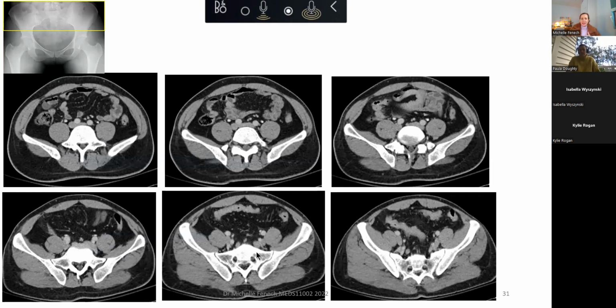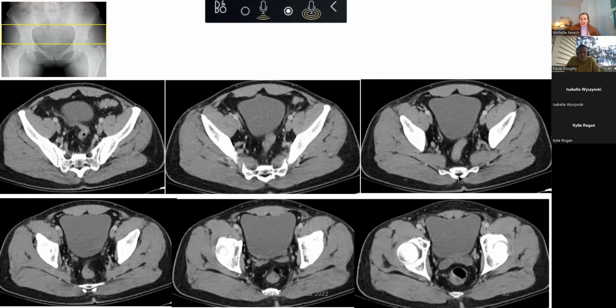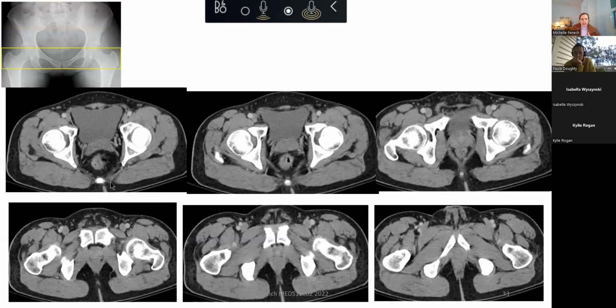Then we're going more inferiorly, and you see it get smaller and smaller like this. We still know this is sacrum because there's two little bar bits at the back. And from probably this point on, where it becomes more circular, that's going to be coccyx right there.